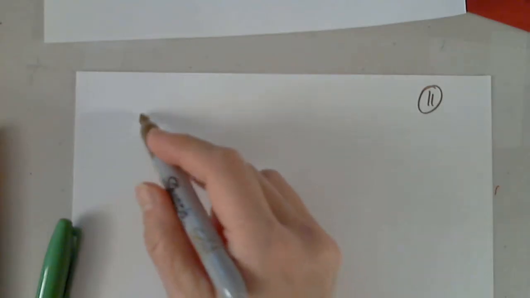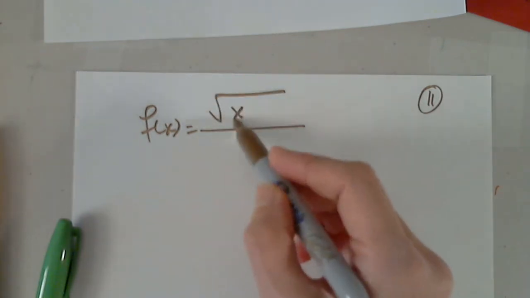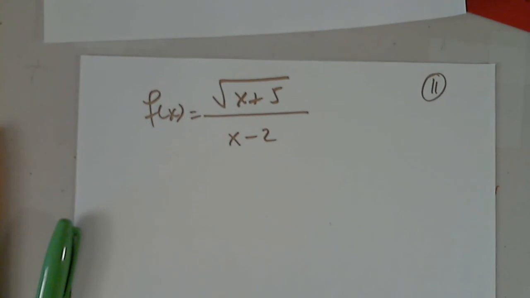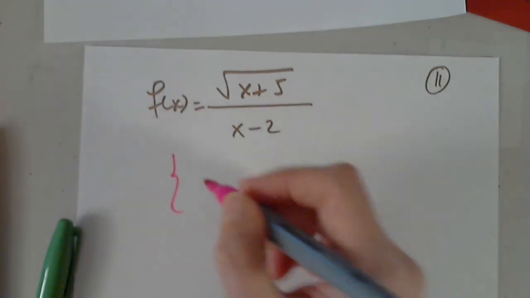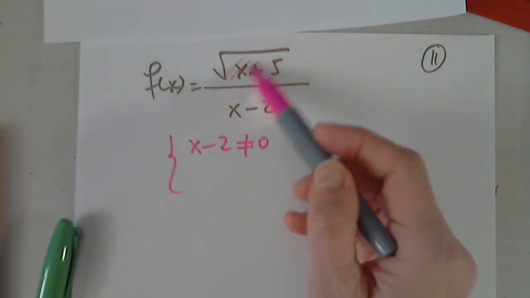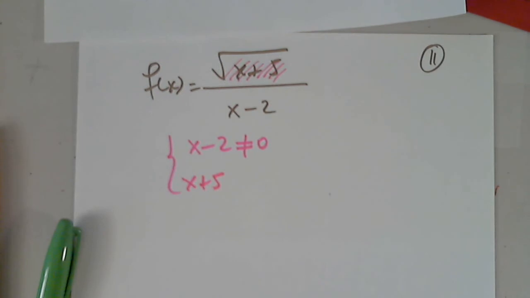Okay, so we looked at this kind of problem before. So remember, we are asked to find the domain here, and I have to write 2 restrictions. One restriction is that x minus 2 could never be 0, and the other one is that this quantity under the square root, which is x plus 5, must be what type of number, which we can never ever forget.